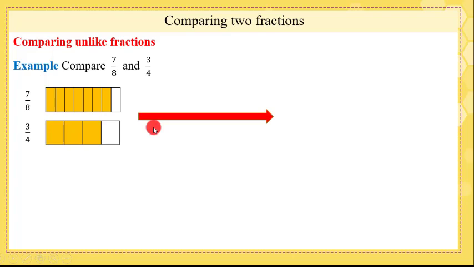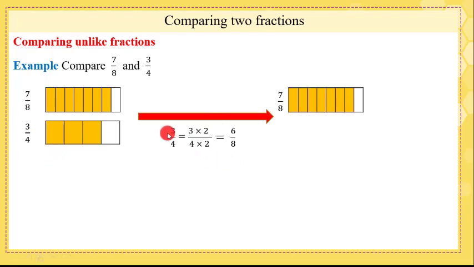Now, can we change the fraction 3/4 into another one having the same denominator 8? Remember that 8 is a multiple of 4. Then the LCM of 8 and 4 is 8. The answer is yes, of course.